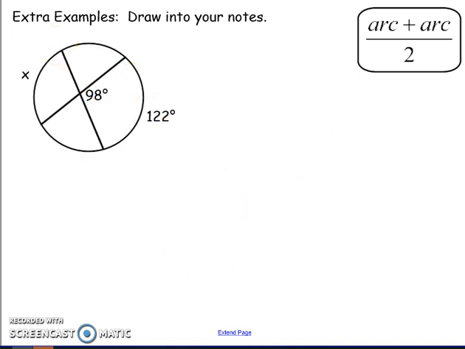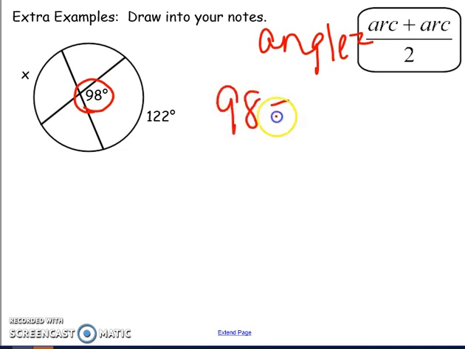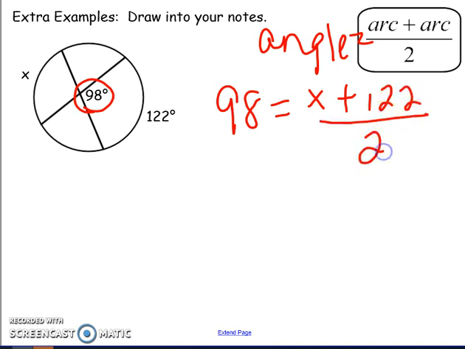All right, so let's try another one like that. So this is our angle. Our angle equals our arc plus our arc divided by 2. The angle is what I know, so that's my 98. My arcs are x plus 122 divided by 2. I need to get rid of this 2, so I'm going to multiply by 2.